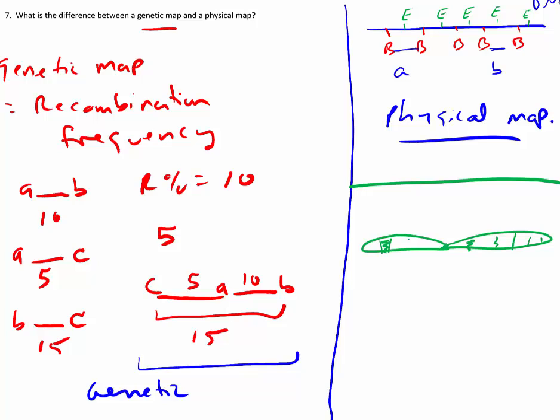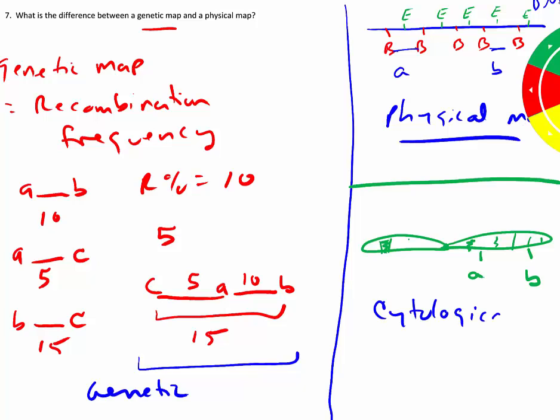And so sometimes you can put genes on the chromosome based on what the chromosomes look like under the microscope, and we call this a cytological map, or maybe cytogenetic. So when you see cytological map or cytogenetic, we're talking about a chromosome map.